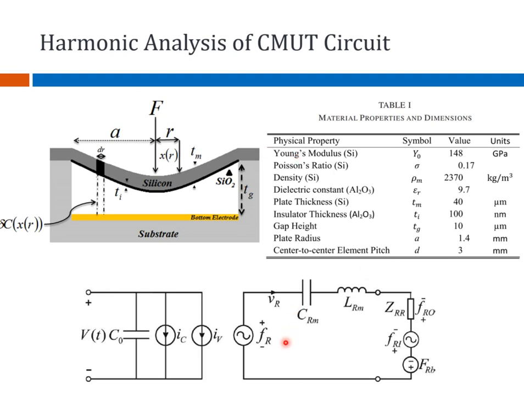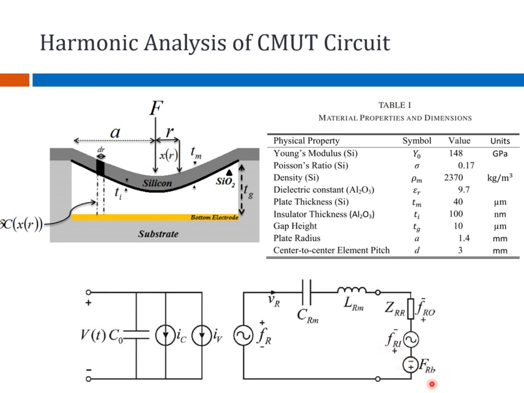And this circuit model is representative of the distributed quantities of CMUTs, like plate compliance, transduction force. It includes the acoustic port terminated into the radiation impedance, which gives the measure of how much force is coupled to the radiation medium. Then there could be an AC source of incident incoming pressure. For example, if an ultrasound source is transmitting pressure, and in response to that, your plate is vibrating, so that is the dynamic pressure.